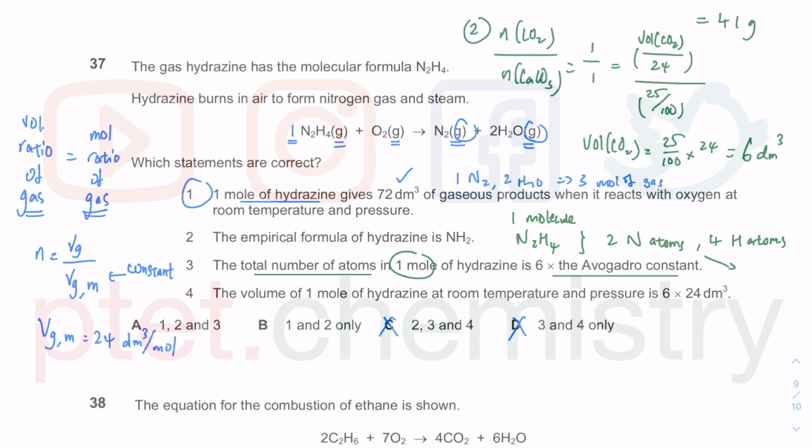So altogether, I have 6 atoms because 2 plus 4 is 6. Now if I have 1 mole of N2H4, I will have 6 times Avogadro constant number of atoms, which include 2 times Avogadro constant of nitrogen atoms, and 4 times L, which is 4 times Avogadro constant, equal to the number of hydrogen atoms.